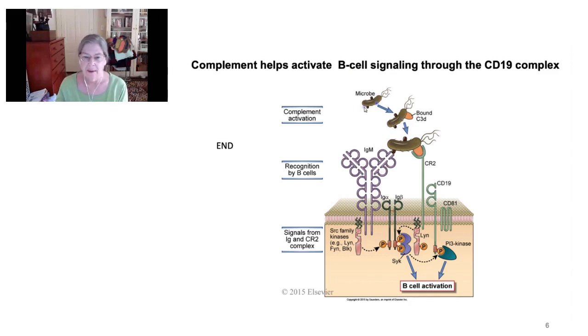But anyway, typically a naive B cell, as I mentioned before, will have IgM and IgD on its surface, and along with some other cell surface molecules like Ig alpha and beta, you form a receptor complex, and associated with that is going to be a complement receptor and this whole little apparatus here.